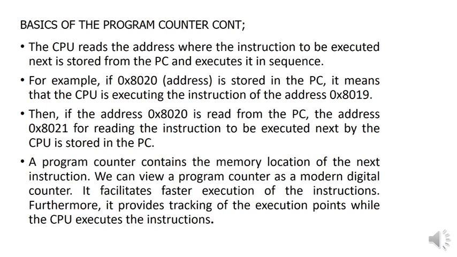Then, if the address 0x8020 is read from the PC, the address 0x8021 for reading the instruction to be executed next by the CPU is stored in the PC. That is the program counter.